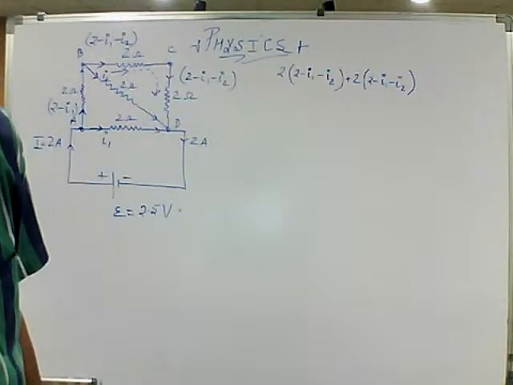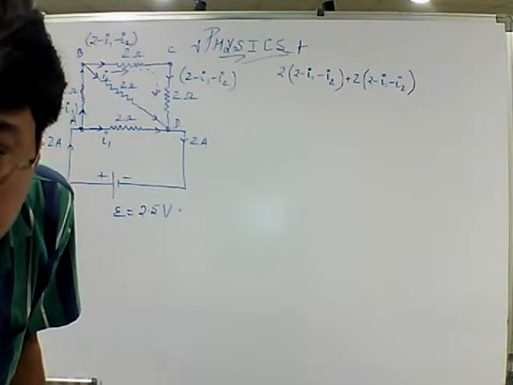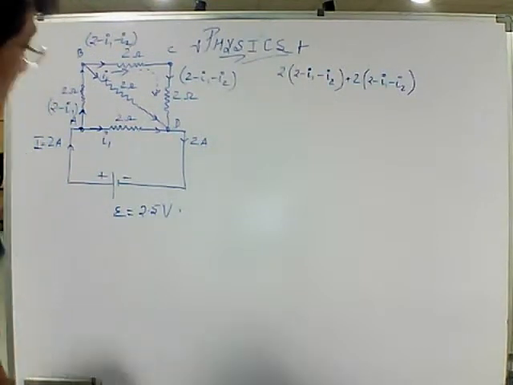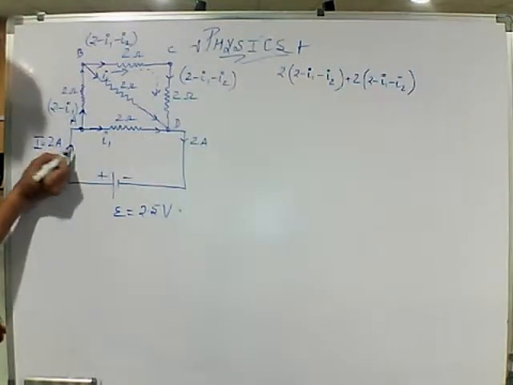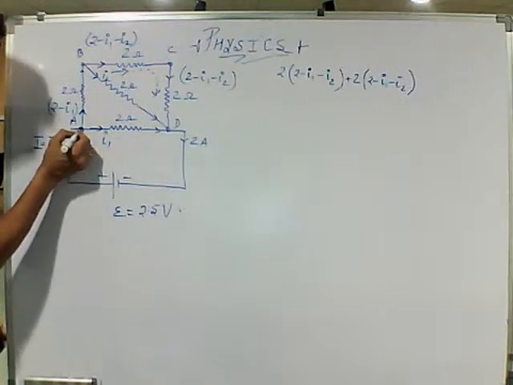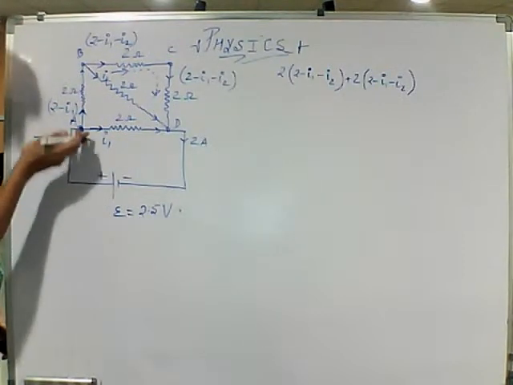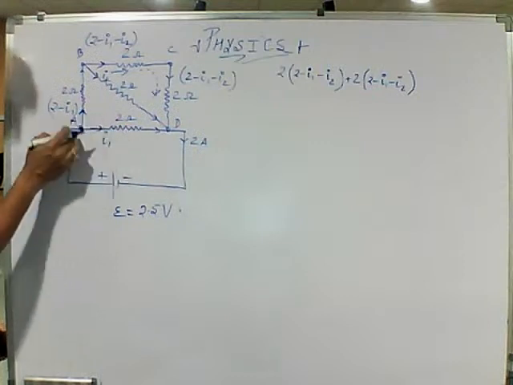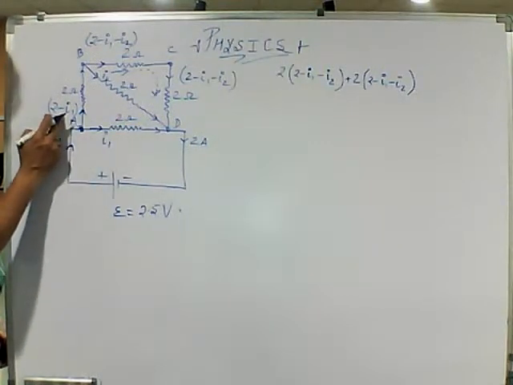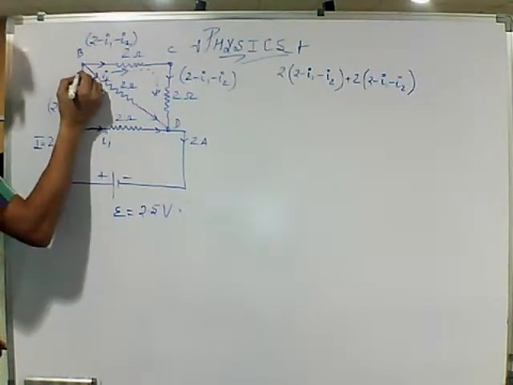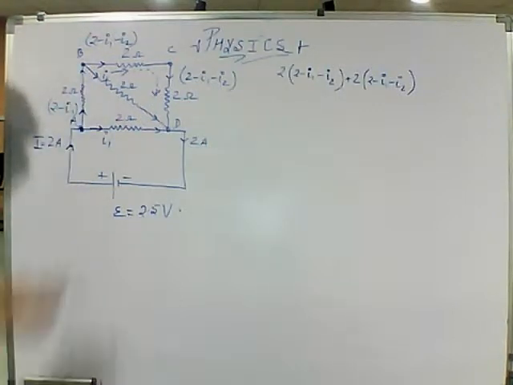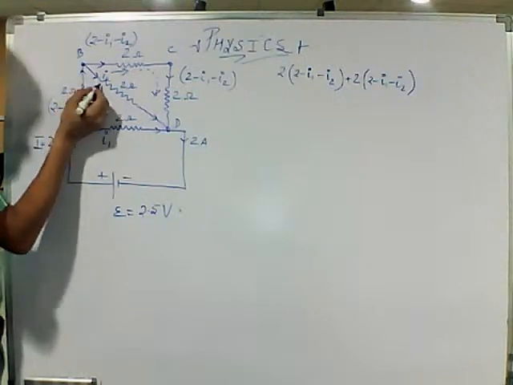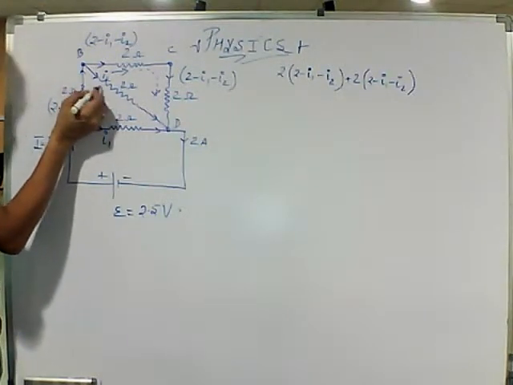Priyanshu sir, won't it be I1 plus I? Beta, see here, Priyanshu, over here this breaks, total current is 2 ampere. I1 current goes over here. So what will be left? 2 minus I1. So 2 minus I1 comes over here. Perfect. So here 2 minus I1 will again break. Let us take the current going in this branch to be I2.